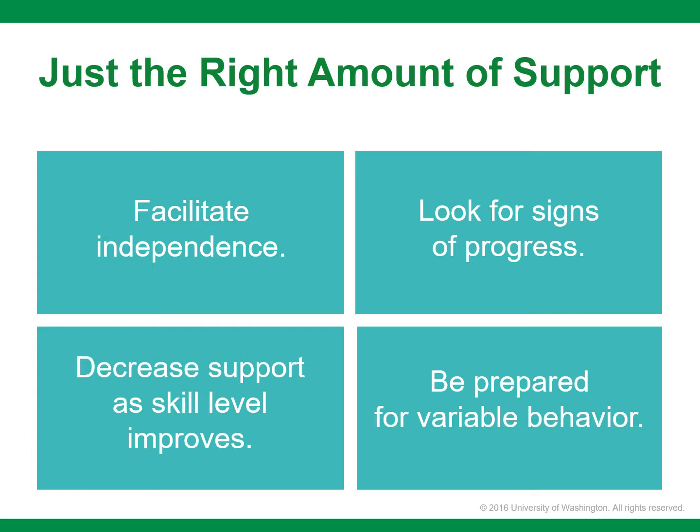Look for these signs to facilitate independence. If adult support is the level of support necessary, observe the child's behavior to see the progress. Decrease support as the child's skills improve. As the child begins to participate with more independence, it's important to adjust these levels.